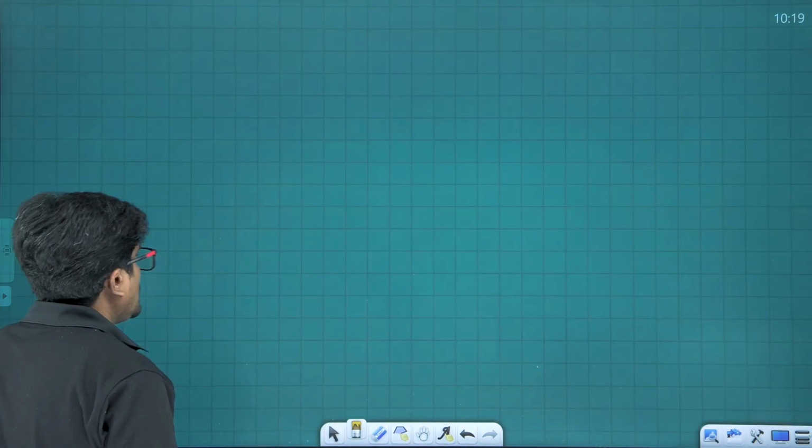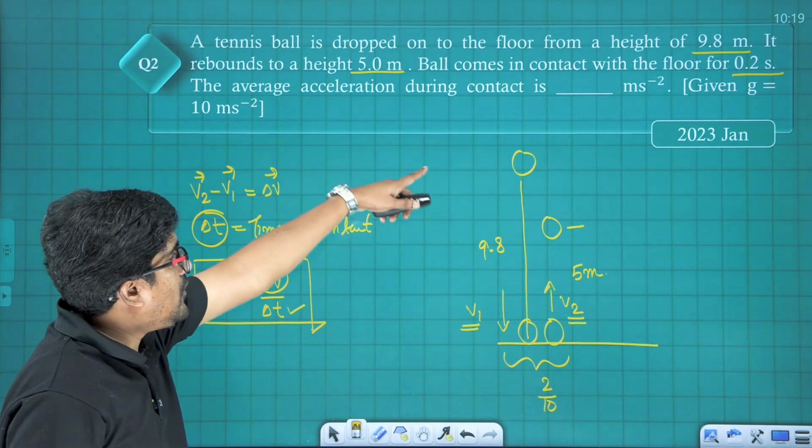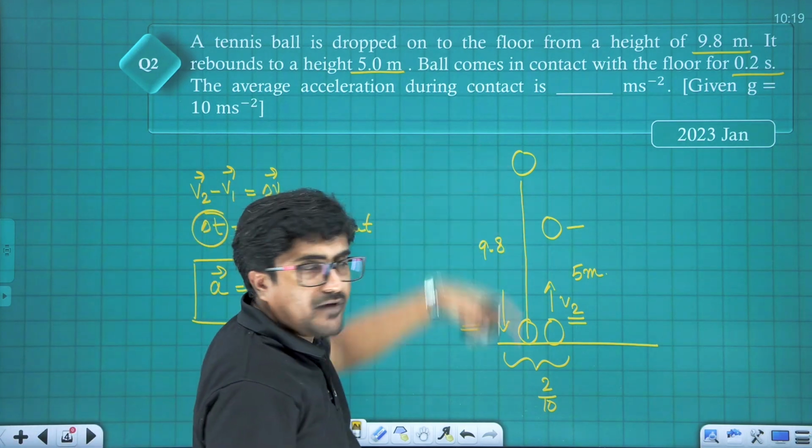Now let's go ahead with the calculation. First of all, it's being dropped from a height of 9.8.